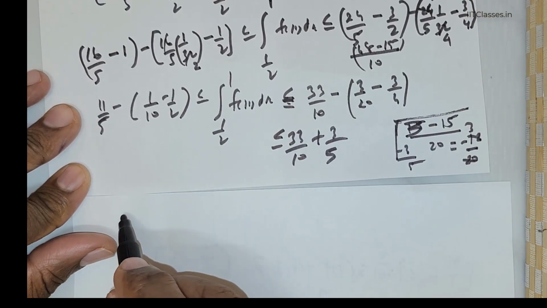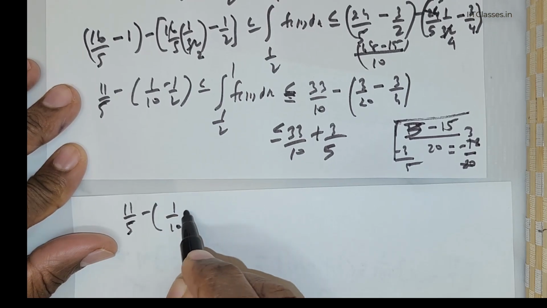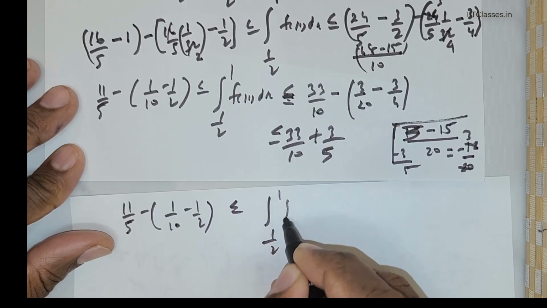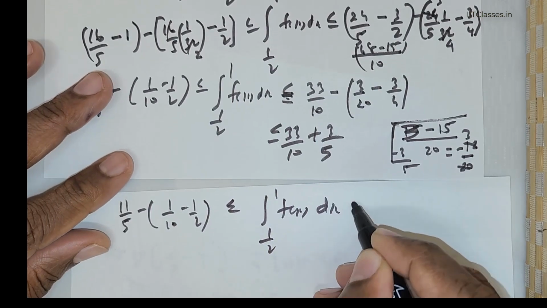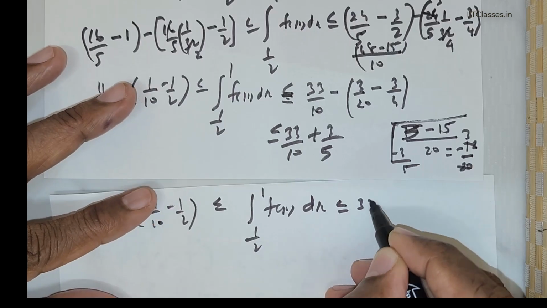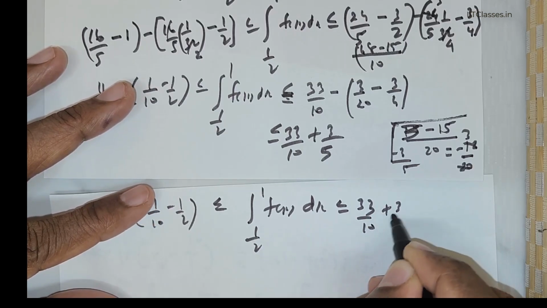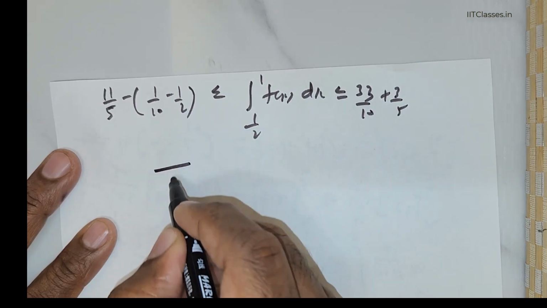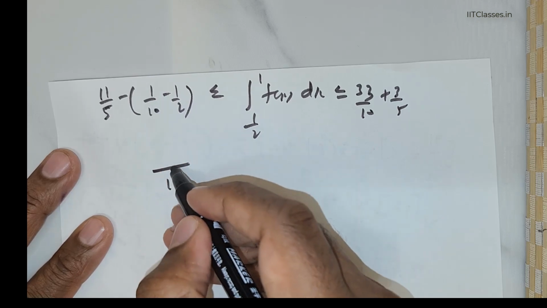So now we have to simplify this. 11 over 5 negative of 1 over 10 negative 1 over 2, less than or equal to integral from 1/2 to 1 of f(x) dx, less than or equal to 33 over 10 positive 3 over 5. So this can be simplified taking 10 as the LCM.